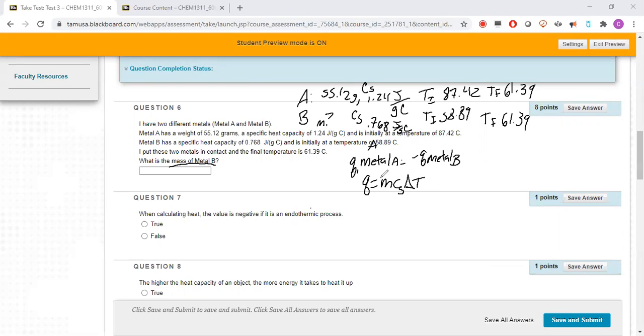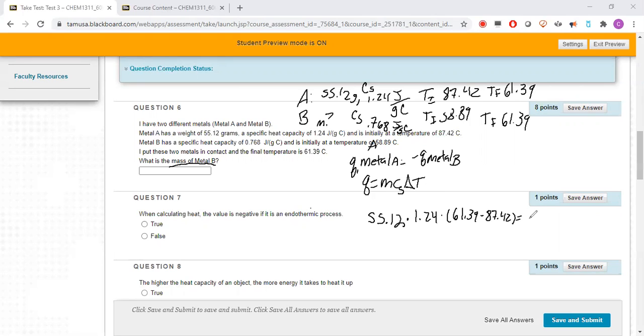So let's fill this in for metal A. Mass of metal A is 55.12. Cs of metal A is 1.24. Delta T is final minus initial, so 61.39 minus 87.42.